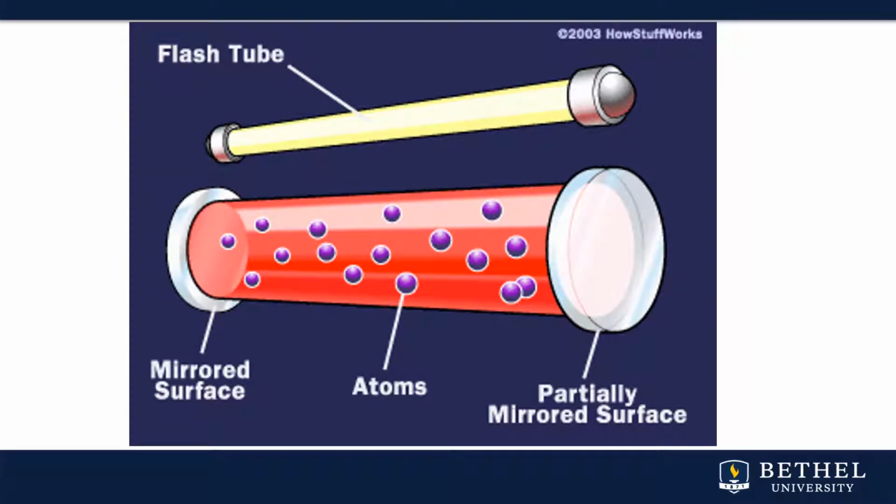If we look in the laser tube, this is kind of what's going on. There's typically a gas inside of here, a specific gas with specific atoms. So in this picture, our little purple balls are atoms. We've got a mirrored surface here and what we call a half mirrored or partially mirrored surface on the other side, and this gas with the atoms moving around in it.